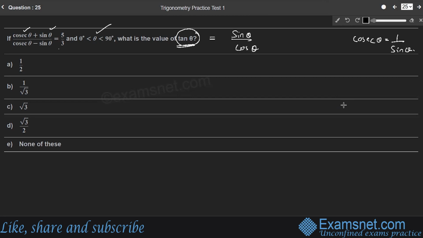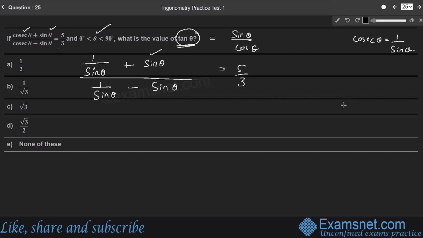So let us consider the given equation. Cosecant theta plus sine theta can be written as 1 by sine theta plus sine theta, divided by 1 by sine theta minus sine theta, which is equal to 5 by 3. So in the numerator and denominator, we'll have 1 plus sine square theta and 1 minus sine square theta, after simplification.